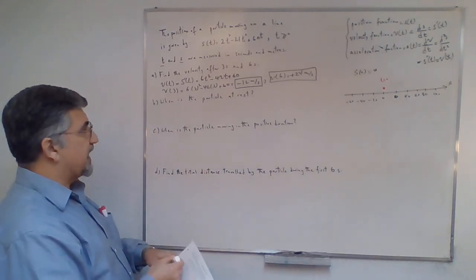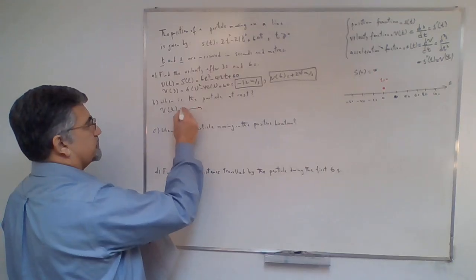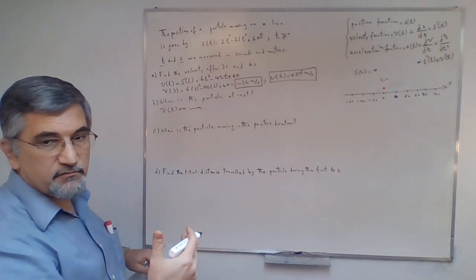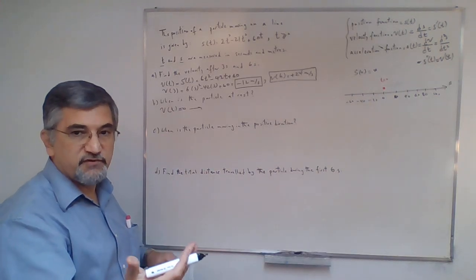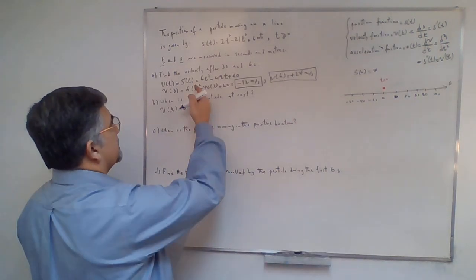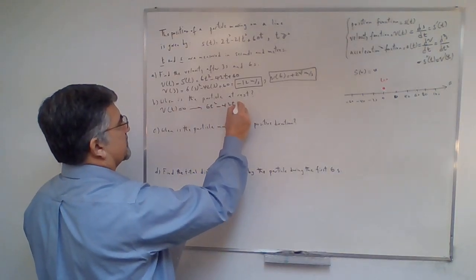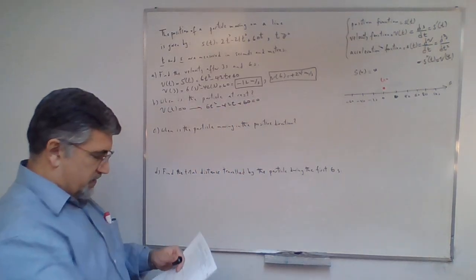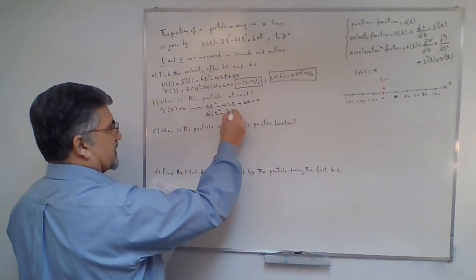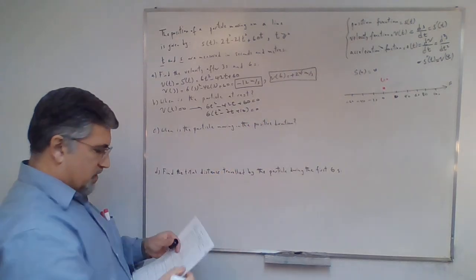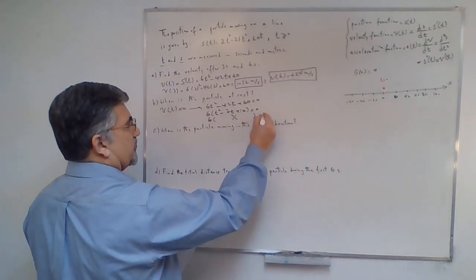It says, when is the particle at rest? The meaning of at rest is v is 0. If the moving particle is not moving, is at rest, it means that the velocity is 0. So I should set 6t squared minus 42t plus 60 equal to 0. If I factor 6 out, we get t squared minus 7t plus 10 equals 0. And perhaps we can factor the quadratic trinomial here.